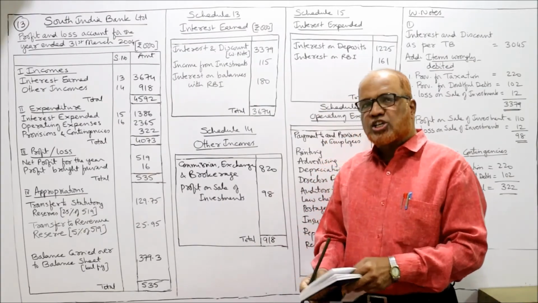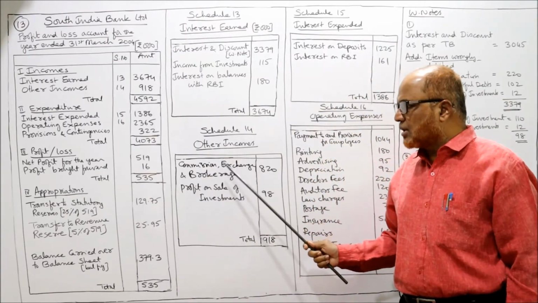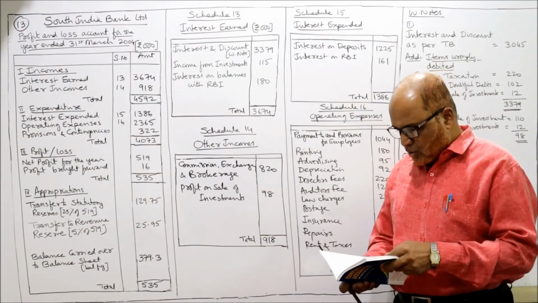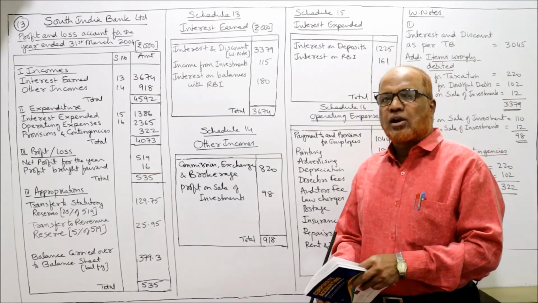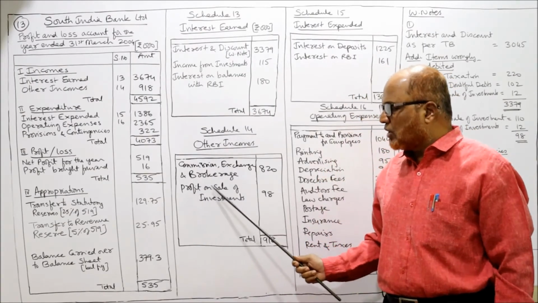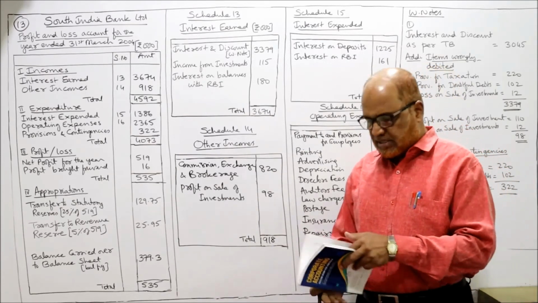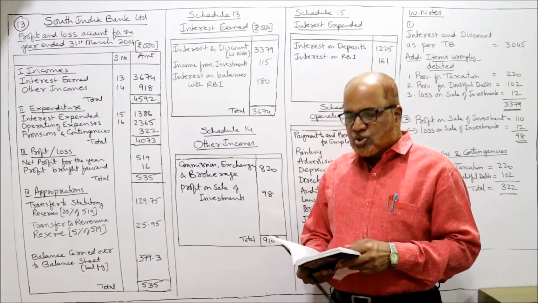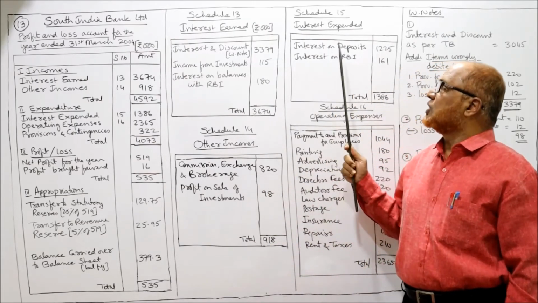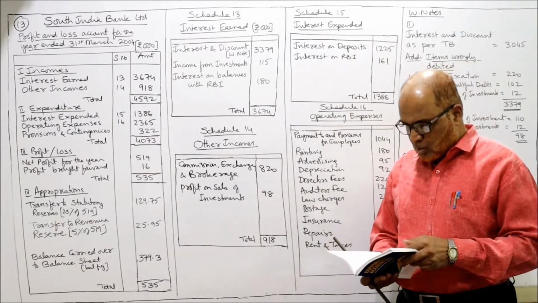Then commission, exchange and brokerage, other incomes, 820, no adjustment. Profit on sale of investment will be taken under other incomes, but there is one adjustment, we'll see. Then interest on deposits, 15th schedule, 1225.